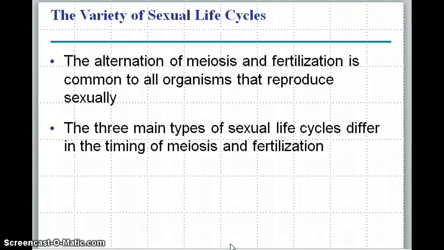The variety of sexual life cycles. The alternation of meiosis and fertilization is common to all organisms that reproduce sexually. Three main types of sexual life cycles differ in timing of meiosis and fertilization. We will look at an example of those in just a moment.